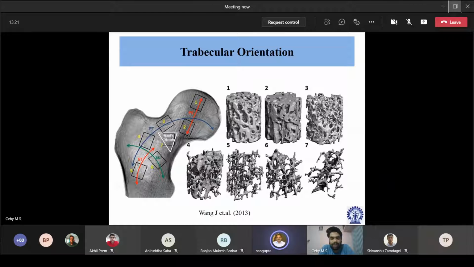From this figure you can understand: if you look at 1, 2, 3 compared with 5, 6, 7, obviously 1, 2, 3 is more solidly built trabecular orientation. In 5, 6, 7, as more porosity sets in, it will substantially affect the directional properties.